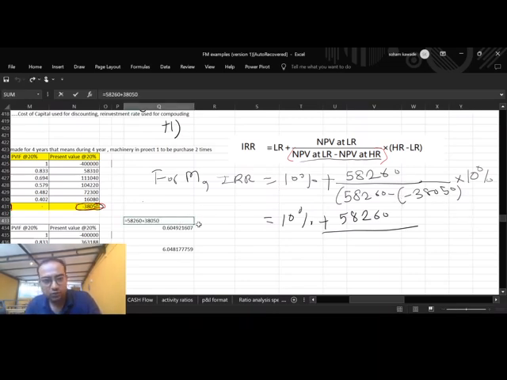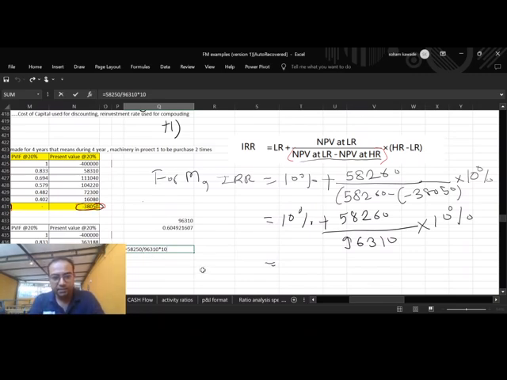That is 96,310. All right. So when we divide 58,260 with 96,310 and multiply by 10%, then it becomes 6.04%. As you can see here, 58,260 divided by 96,310 into 10, that is 6.04%.